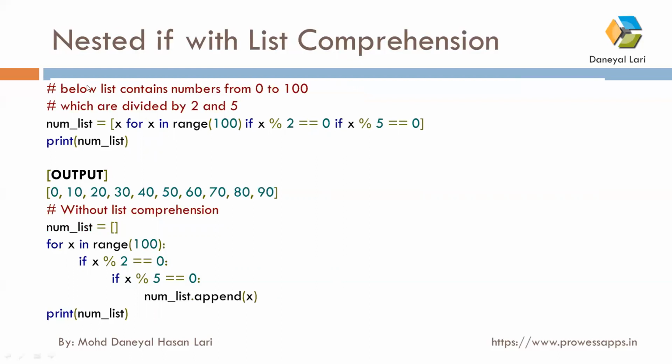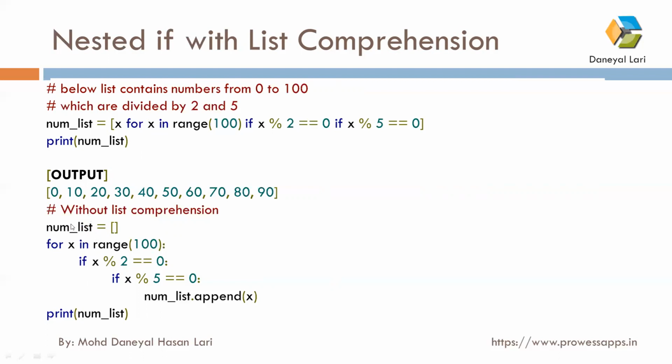We can use a nested if also in the list comprehension. So how to use this? Suppose we want to generate numbers from 0 to 100, and the list should contain a number from 0 to 100 only if that number is divisible by 2 and 5. So how will you write your code if you don't know the list comprehension? Just look at the code below.